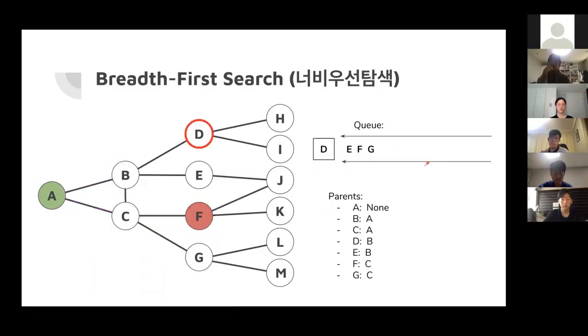Rinse and repeat the same thing, and now level 3s are starting to input into the queue, right? And then inevitably we reach our point. Now in this case we see here, there are 3 possible paths. One with level 2, there's another path here with level 3, and there's a final path with level 4. So node F in regards to node A is a level 2, 3, and 4 point, right?